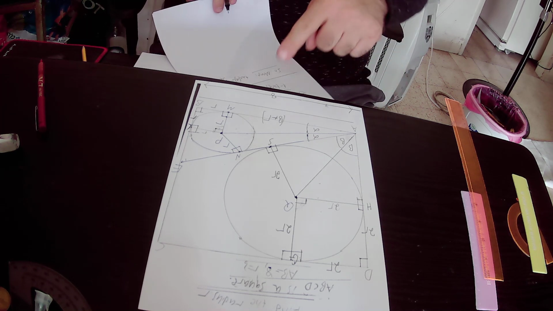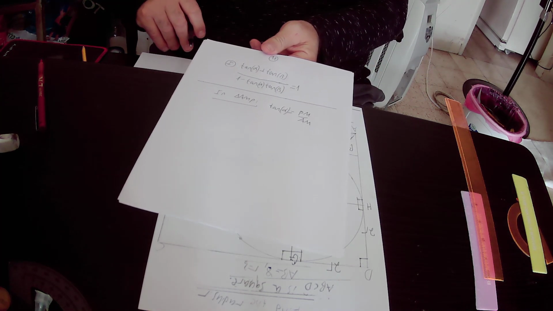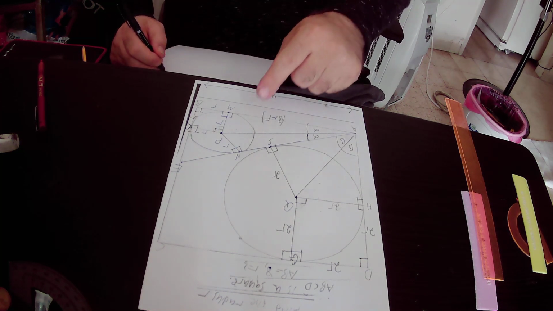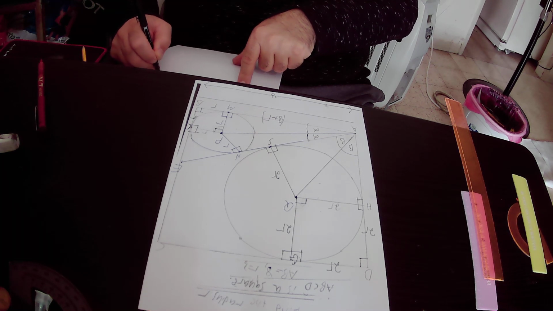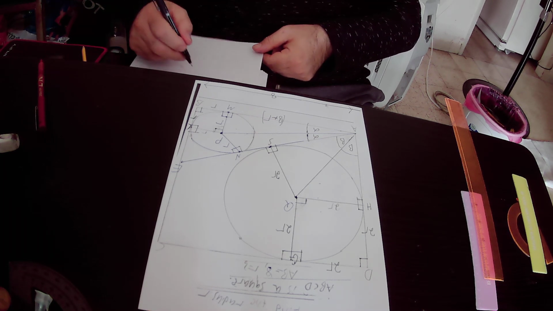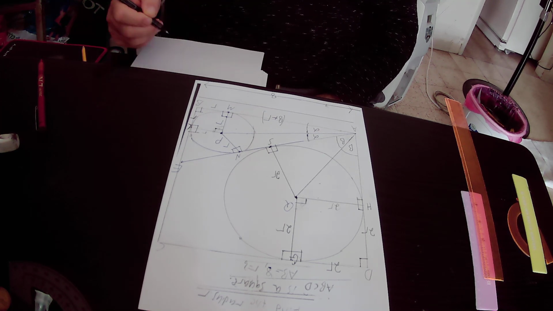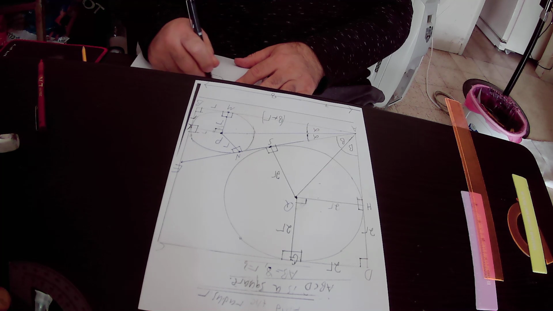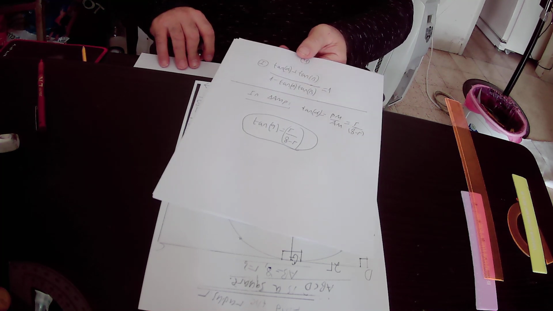Again, in the right triangle APM, tangent alpha equals PM over AM. But the value of PM is R, and the value of AM is 8 minus R. So in total we found that tangent alpha equals R over 8 minus R.